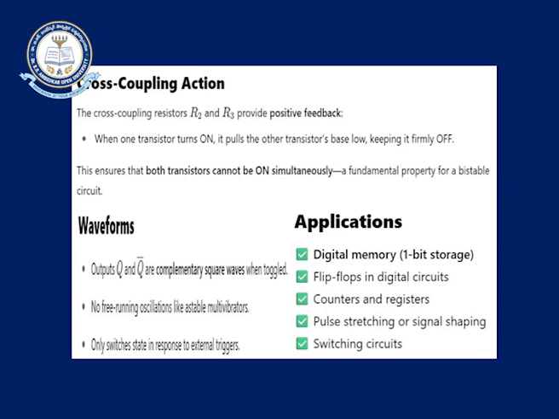That ensures both transistors cannot be on simultaneously. So what are the applications, since it can store only 1 bit of information? It is a digital memory which acts like a register, and also flip flops in digital circuits, counters and registers, pulse stretching, and also switching circuits.